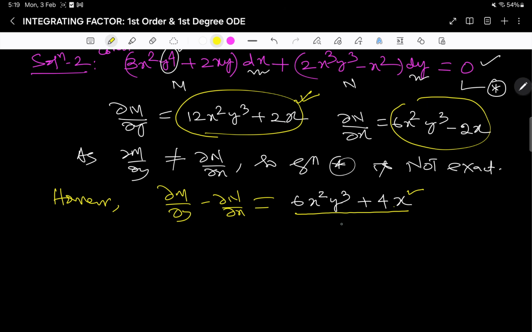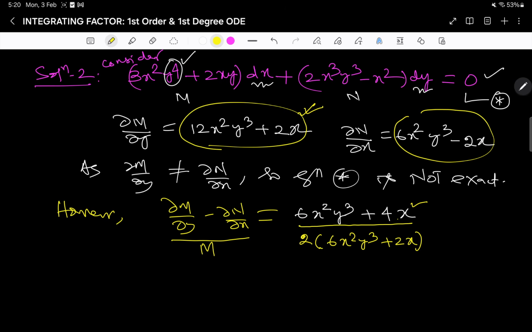So we divide by M here, and M will be my 2 times 6x square y cube plus 2x. You see here one y is there, so this one y will be there into one y. So now this and this cancel, right?